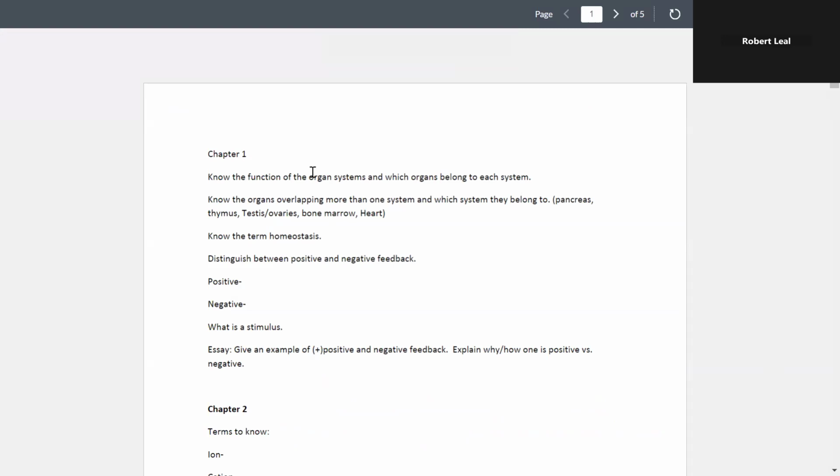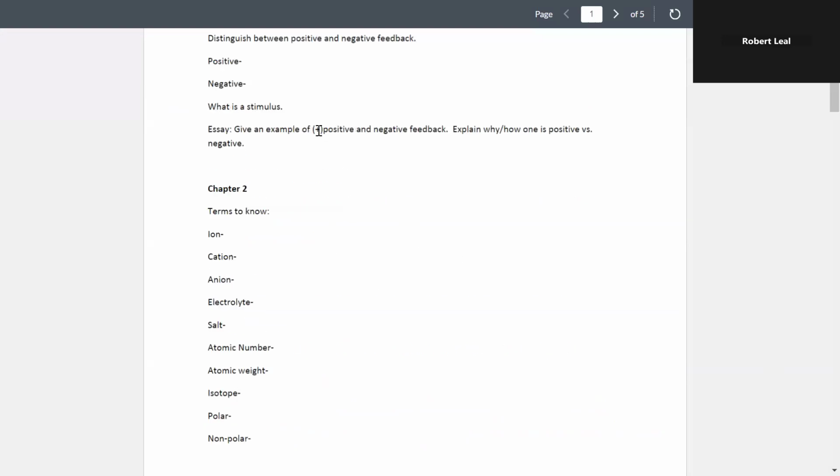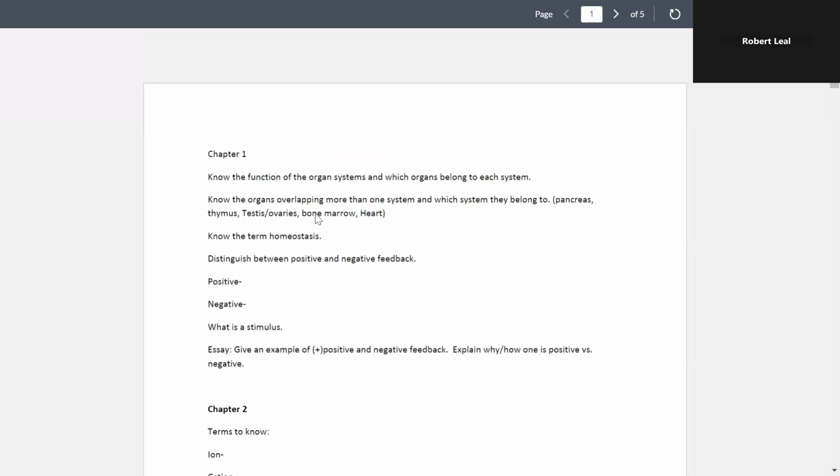Did you recognize any organs that may belong to more than one system? Know what homeostasis means. Be able to describe the difference between positive versus negative feedback. Know the definition of a stimulus. So those are things you want to know to do well in the exam for chapter 1.